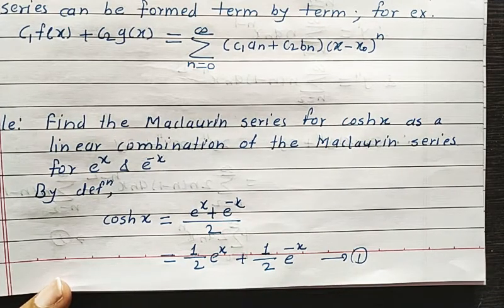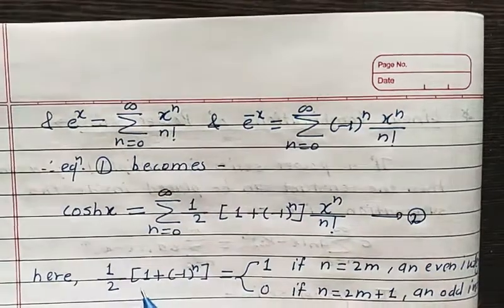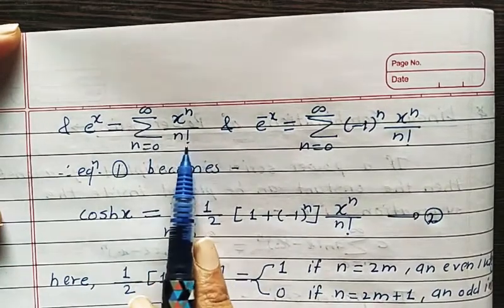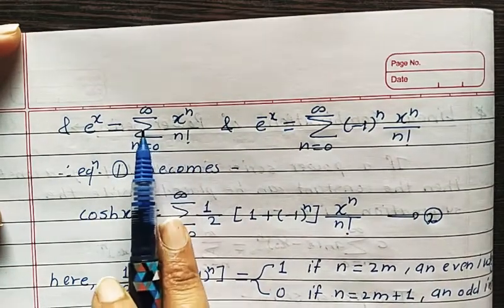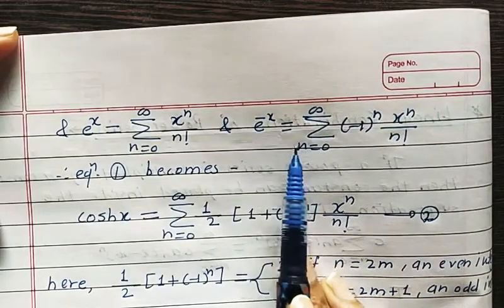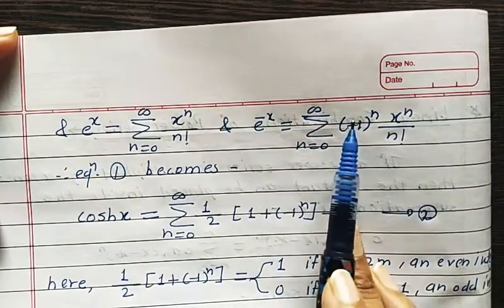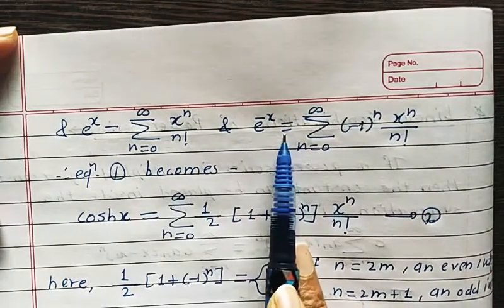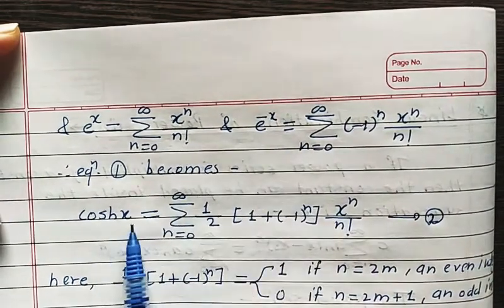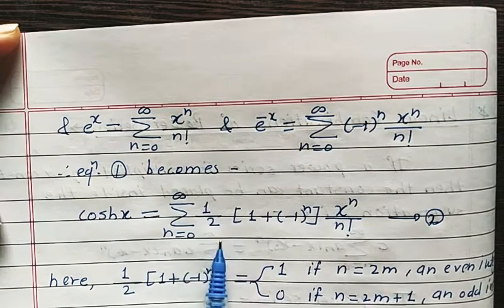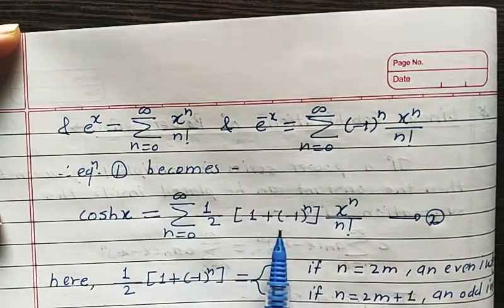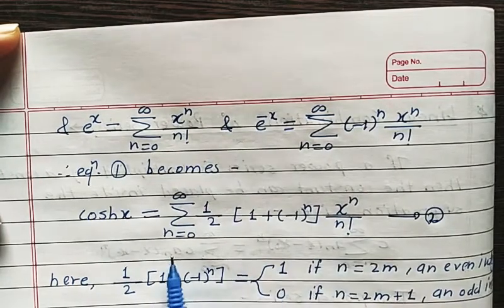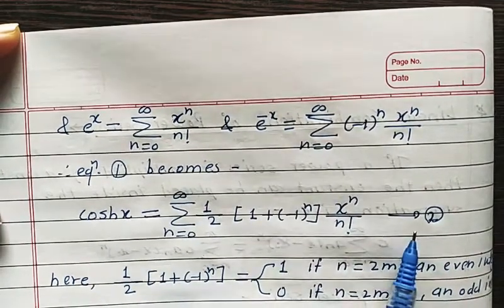The expansion for e raised to x is summation of x raised to n upon n factorial, n varies from 0 to infinity, and e raised to minus x is summation of (minus 1) raised to n x raised to n upon n factorial. So we put these values in equation 1, and equation 1 becomes cos hyperbolic x is equal to summation of 1/2 (1 plus (minus 1) raised to n) x raised to n upon n factorial, n varies from 0 to infinity. Let us give it equation 2.